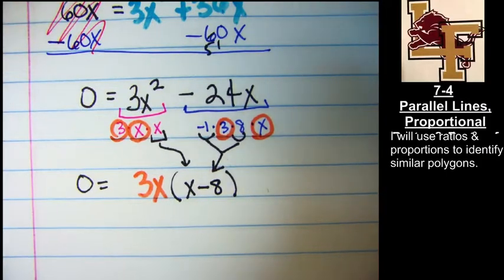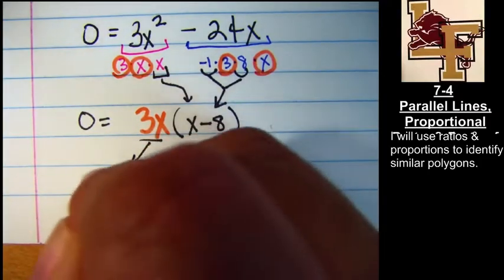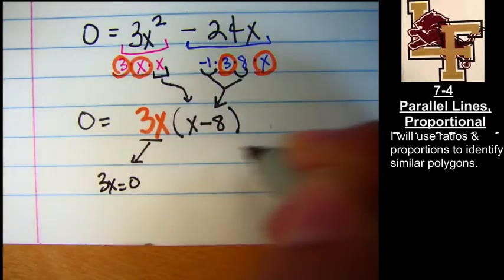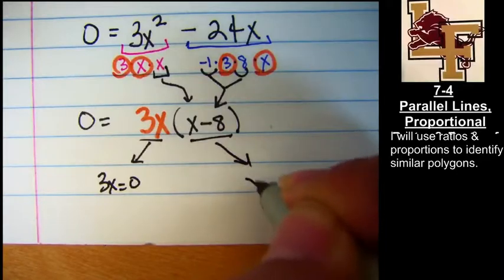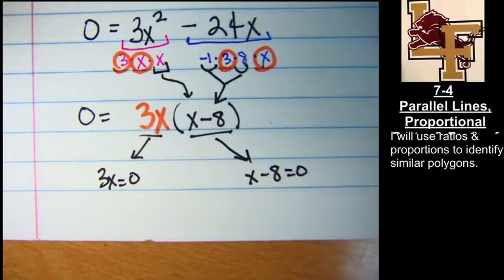Okay. So now I have that thing: 0 equals stuff being multiplied together. But I have a trick. Anytime I have stuff multiplied together and equals 0, this could be 0, or this could be 0. And now I have two very simple equations that I can solve.